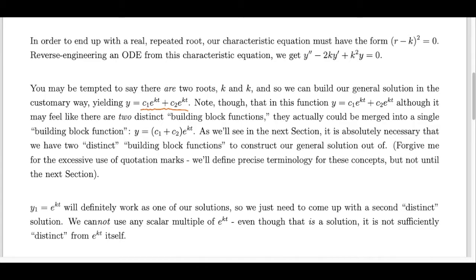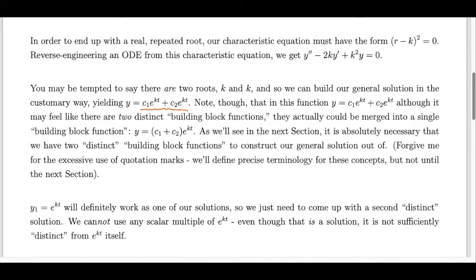The reason being that these two building block functions in my solution are not actually two distinct functions. As I've noted here, we could merge those together and end up with a single building block function. If I write my solution in this way, on the surface it looks like I've got two separate components, but really I've just got a constant times e to the kt. So I only have a single building block function.